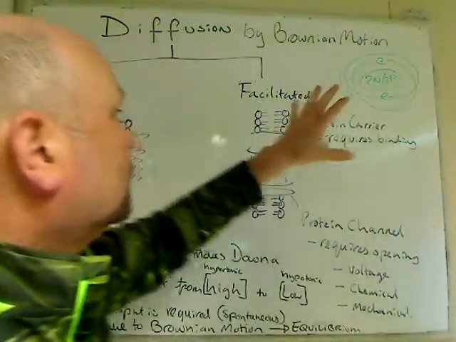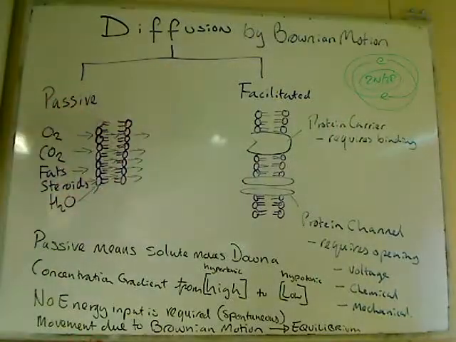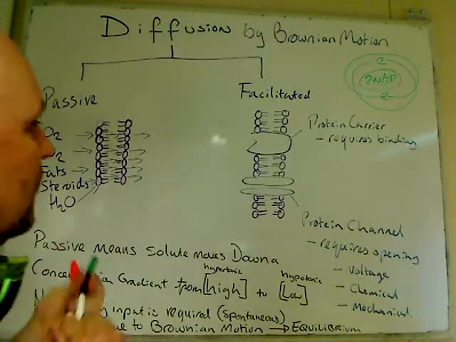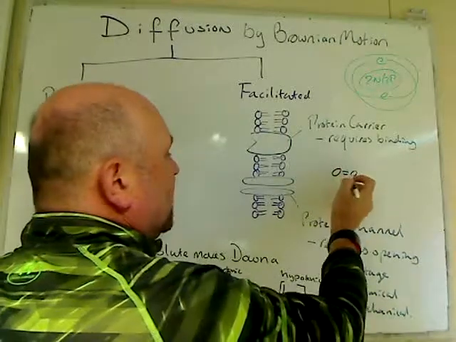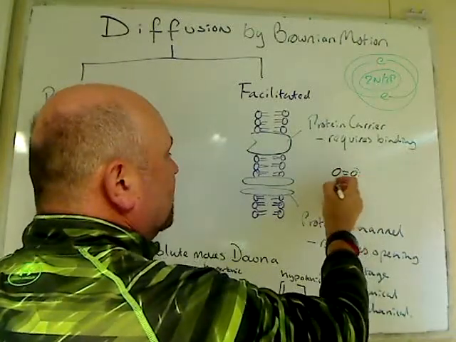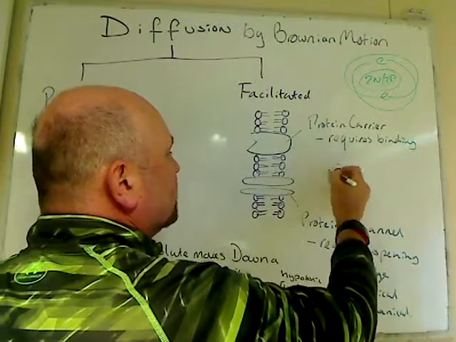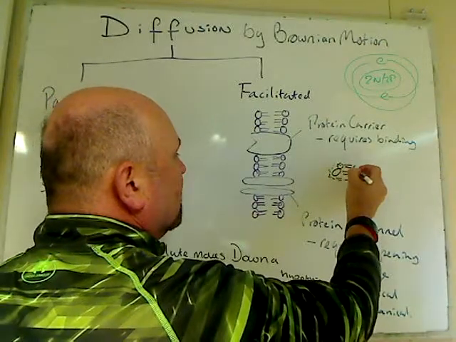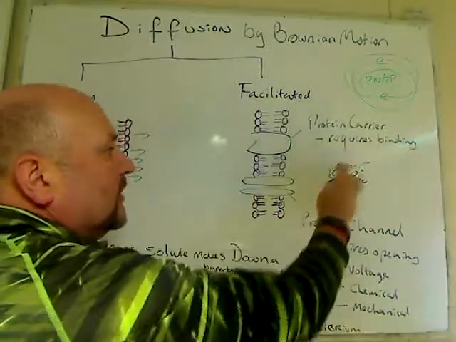So Brownian motion allows things to move. So when we draw in statics, say an oxygen molecule over here, well, that oxygen molecule is sitting there, but it's actually just moving. It's just jiggling about in this area. So it's there, and next time you take the picture, it's now there. The next time you take the picture, it's over here. It's just moving randomly around.